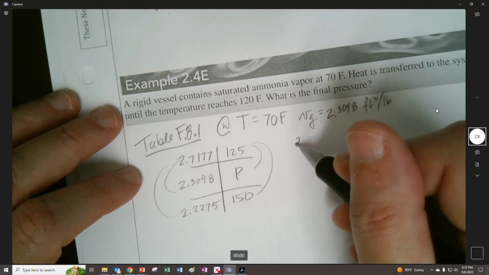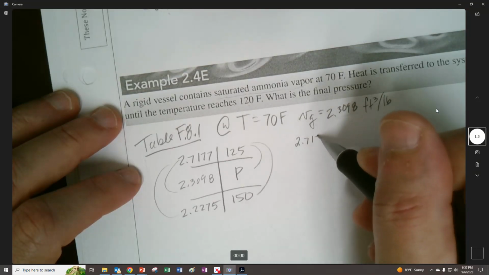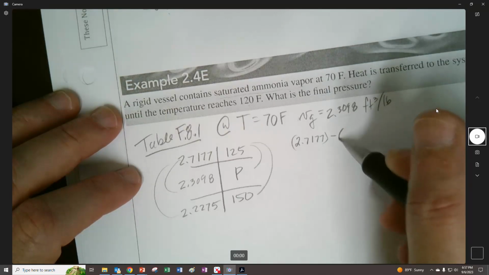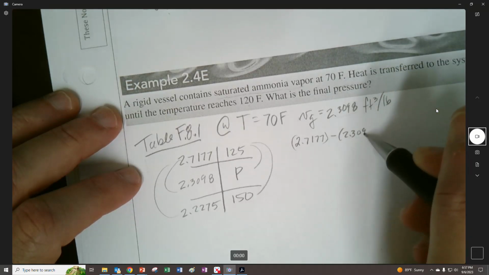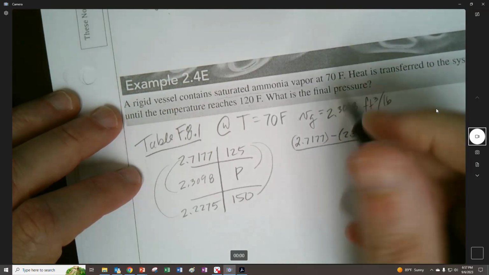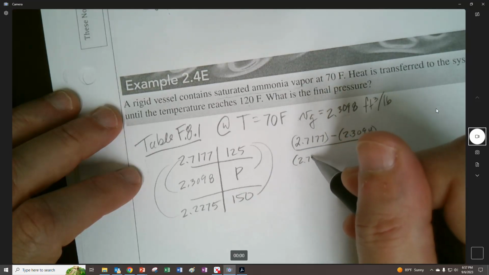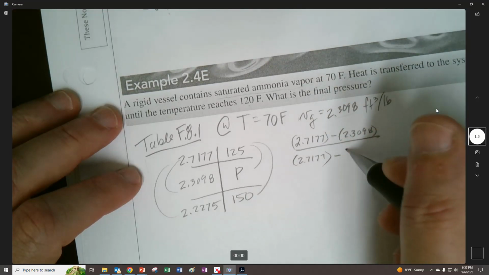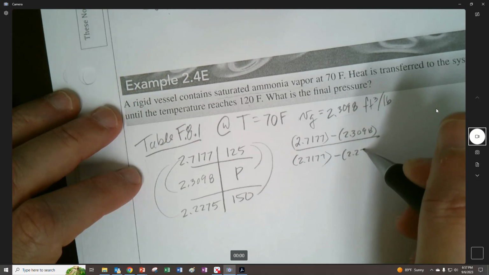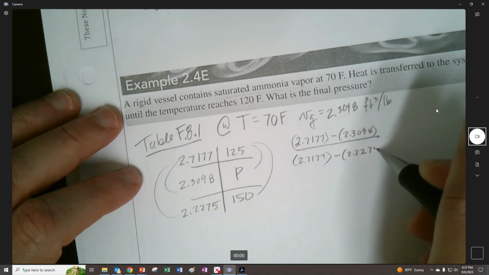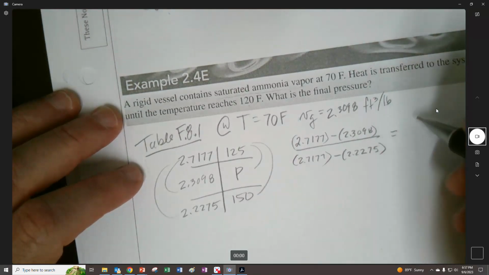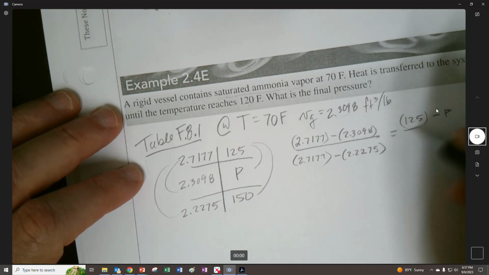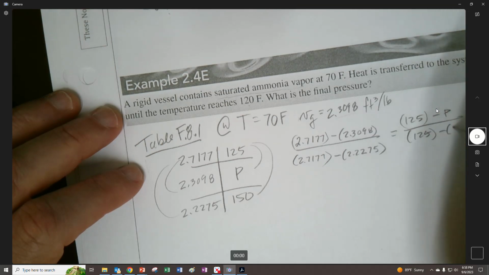And so we go 2.7177 minus 2.3098, divided by 2.7177 minus 2.2275. It's going to be equal to 125 minus P, where P is the unknown, over 125 minus 150.